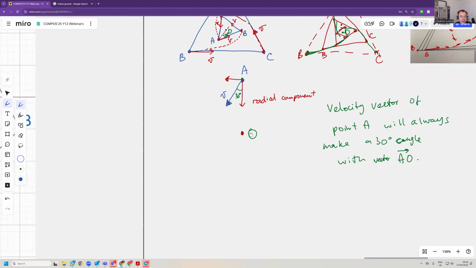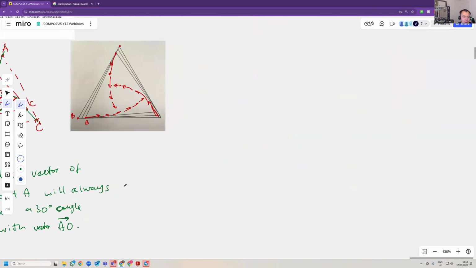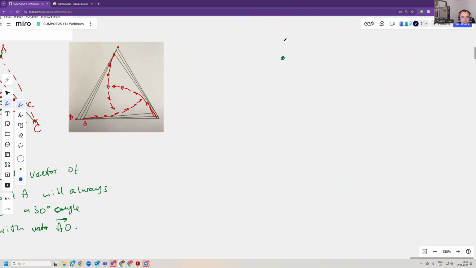All right, let's confirm that. Well, you have A, B, and C, and this is O. So this is vector AO, and this is the velocity vector. And because it's an equilateral triangle, this is a 30-degree angle.